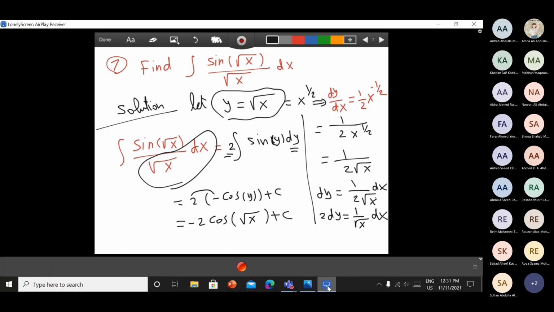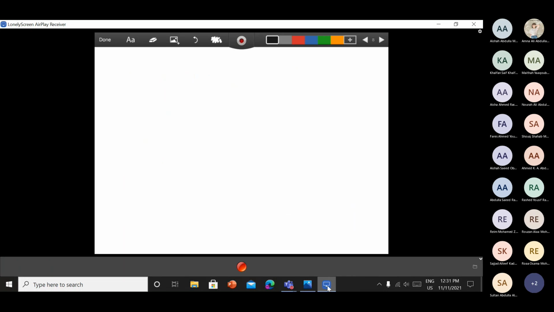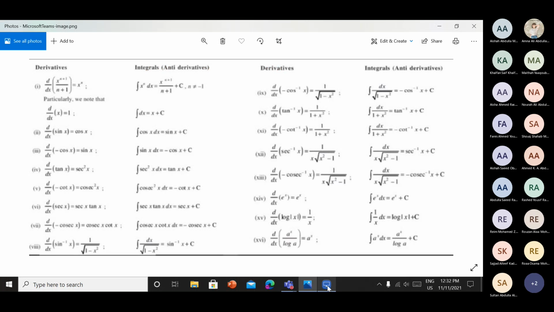Okay. Let's go for number 8. Find the integration of 2x e to the x squared minus 5 dx. Do you have it in the table, x e to the x? No, I don't have. But I have only the integration of e to the x, right? So I have to change to e to the y dy, or e to the z dz.